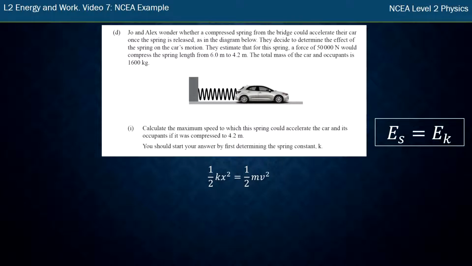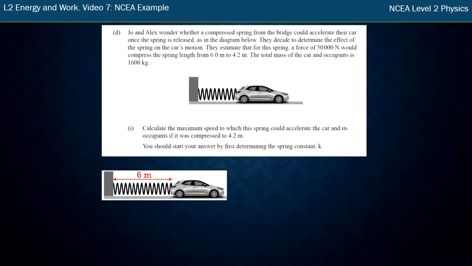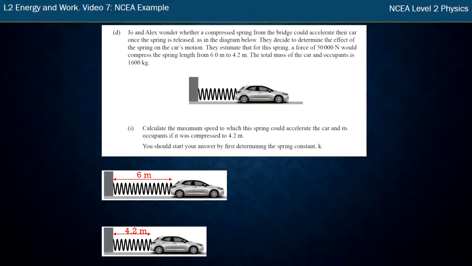The way I'm going to do that is I'm going to draw myself a diagram just so I know what's going on. They say the spring starts off at 6 meters and then it gets squashed down to 4.2 meters. So it's been compressed by 1.8. I can use the other spring equation, which is a force equation, to work out the spring constant. The force applied to squeeze it that 1.8 meters, down from 6 to 4.2, was 50,000 newtons. And there's my x, 1.8, and I can just rearrange this to find k.